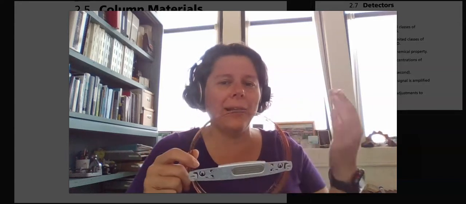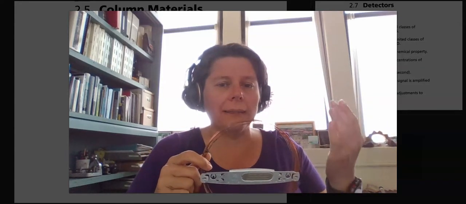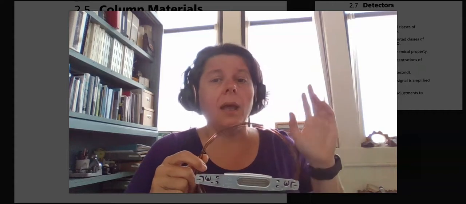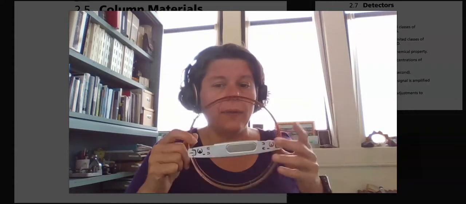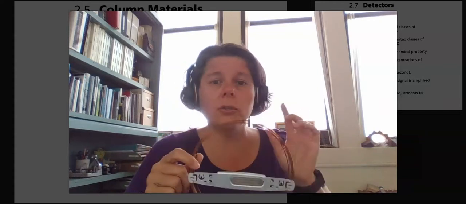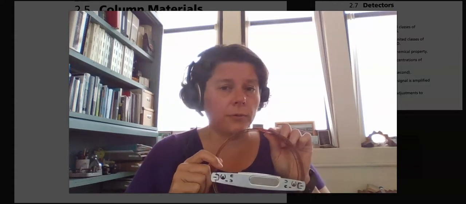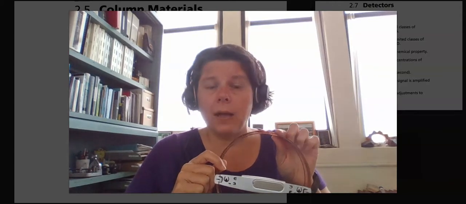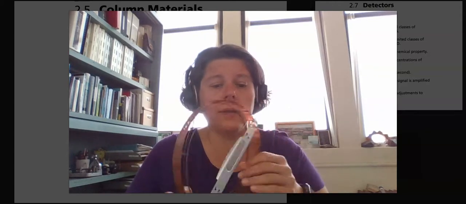So we can separate two things based upon their boiling point when they enter the column, and then by how they interact with the column material and how fast they can go through. The smaller the compound, the faster it'll run through versus the larger the compound. So you can get a separation of compounds based on size and affinity.